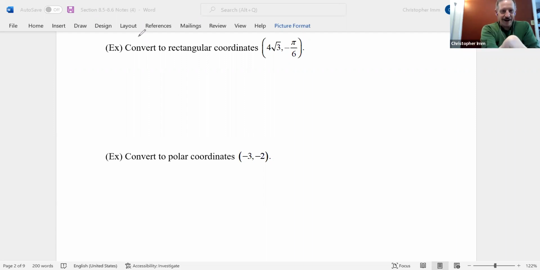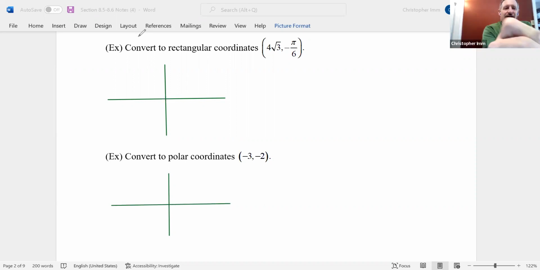So while you're doing that, I'm going to go ahead and plot these. And we'll share these in a few minutes. So I'm going to try to plot these for you all. And you're going to crank these out and convert, if you would. So the first one, I have 4√3 and -pi/6. That's around here.